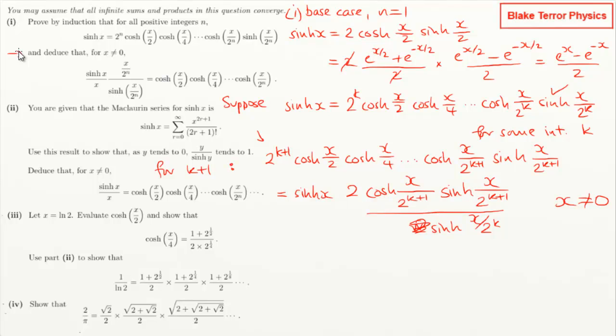So we need all of this stuff to be equal to 1 from the 2 onwards, and that's the same identity, isn't it? We've got 2 lots of something with half the argument. So yeah, that is this.